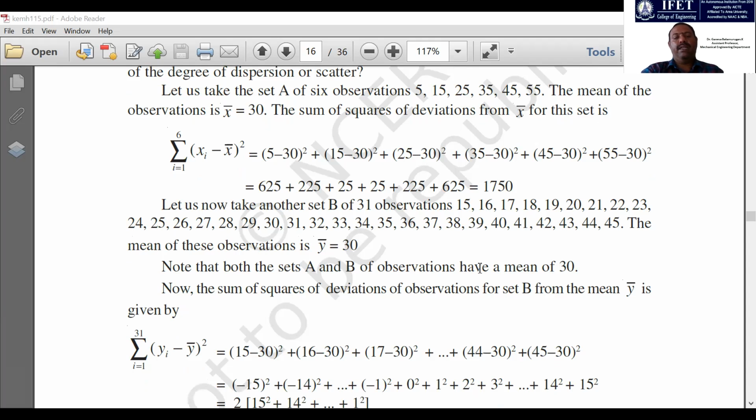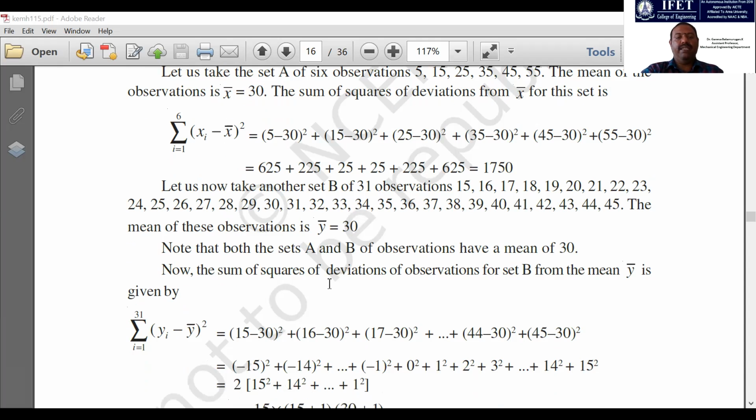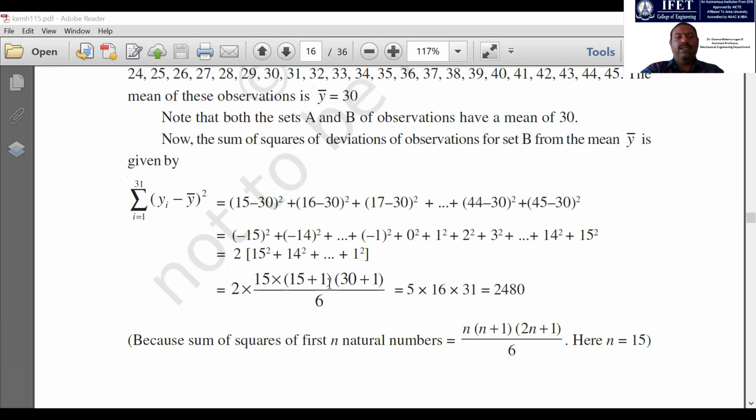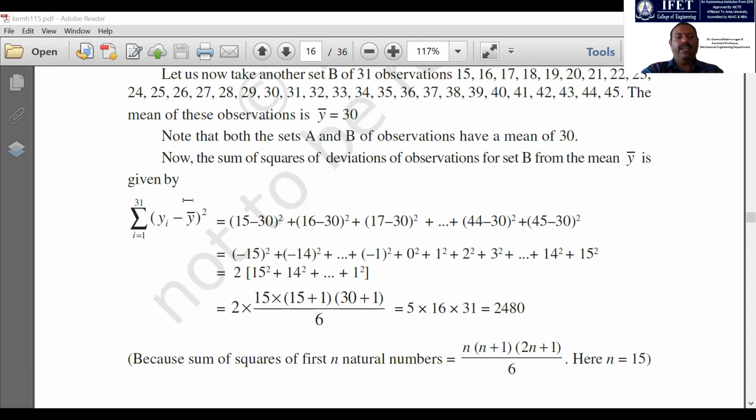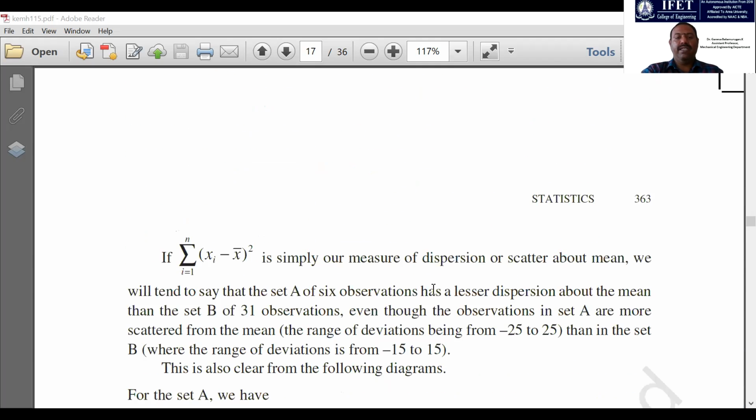Then how can we compare those batsmen and identify their capability? Here also we get the same mean, but the number of observations is different and the scattering is also different. Now they find the deviation, and they got 2480. This is called the variance.